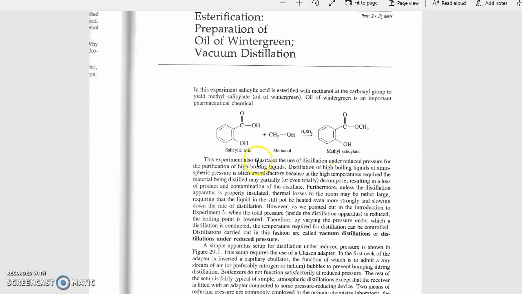So anyway, these right here also include the technique of vacuum distillation or distillation under reduced pressure. And the reason why you do that is because that greatly lowers the boiling point.